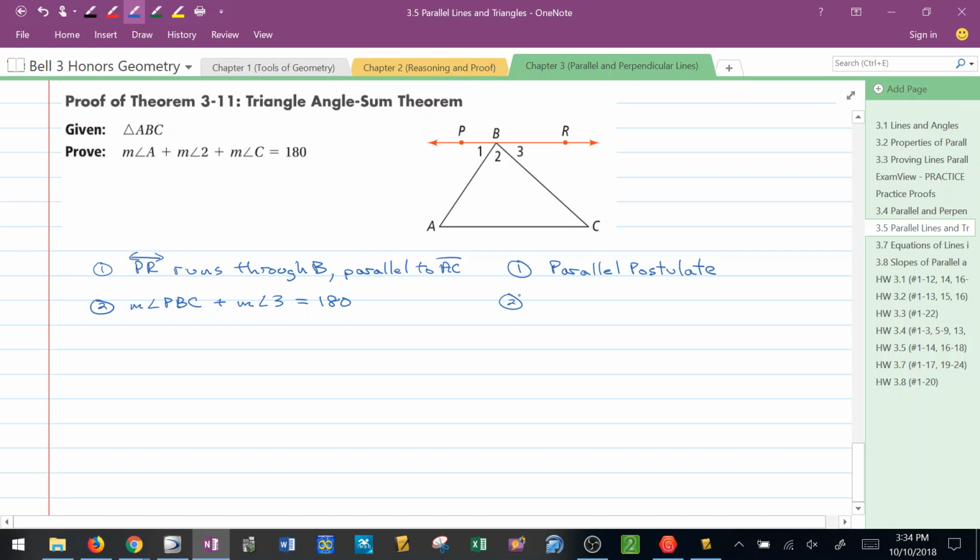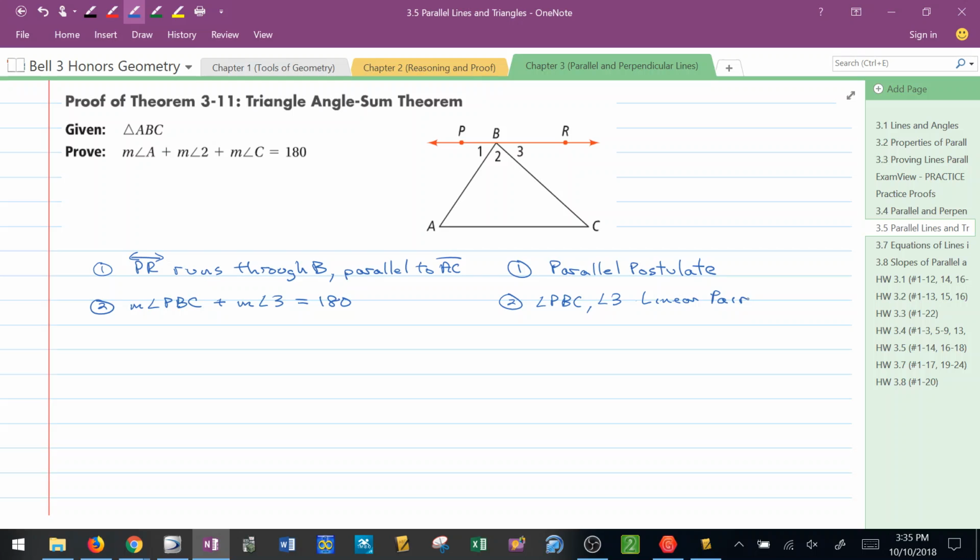And the reason why I know that is because angle PBC and angle 3 are a linear pair. So we know that a linear pair means that they're supplementary, and supplementary angles can be written as an addition of two angles that add to 180. Remember, linear pair and supplementary are both pairs. So that's why we have to just define two of them adding together.